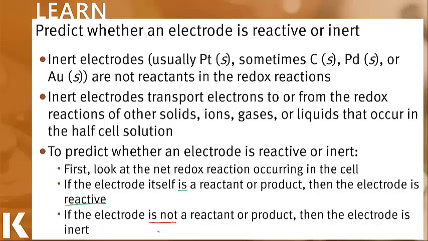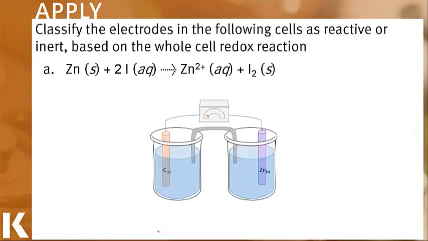Let's predict a couple of electrodes within a galvanic cell. Classify the electrodes in the following cells as reactive or inert based on the whole cell redox reaction. First thing I notice is I look at my redox reaction and I see that I have zinc and I have iodine. I'm going to look at those two reactants and products and see if they are part of the electrodes.